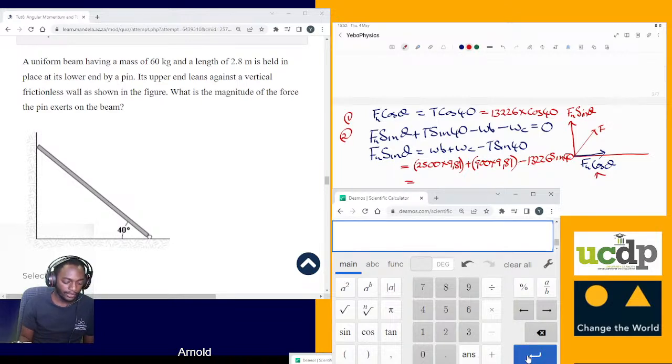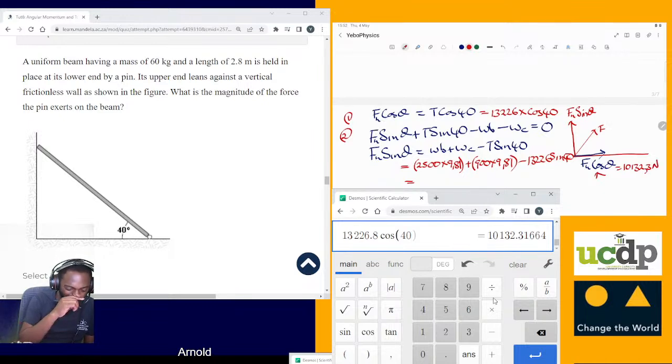So let's start with the horizontal component, which is 13,226 cos 40. We'll get a value equal to 10,132.3 newtons.